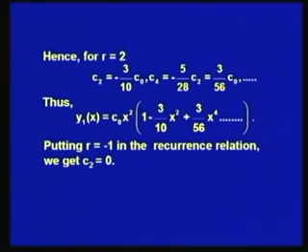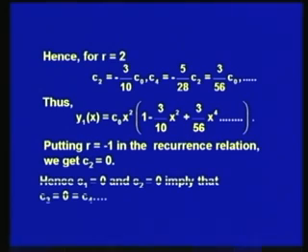Now, next let us put the other value of r, that is r equal to minus 1, in the recurrence relation. We can see that from the recurrence relation C2 becomes equal to 0 for this value of r. Thus, now we have C1 equal to 0 and C2 equal to 0, because C1 equal to 0 we got for both r equal to 2 as well as r equal to minus 1, and C2 comes out to be 0 for r equal to minus 1.